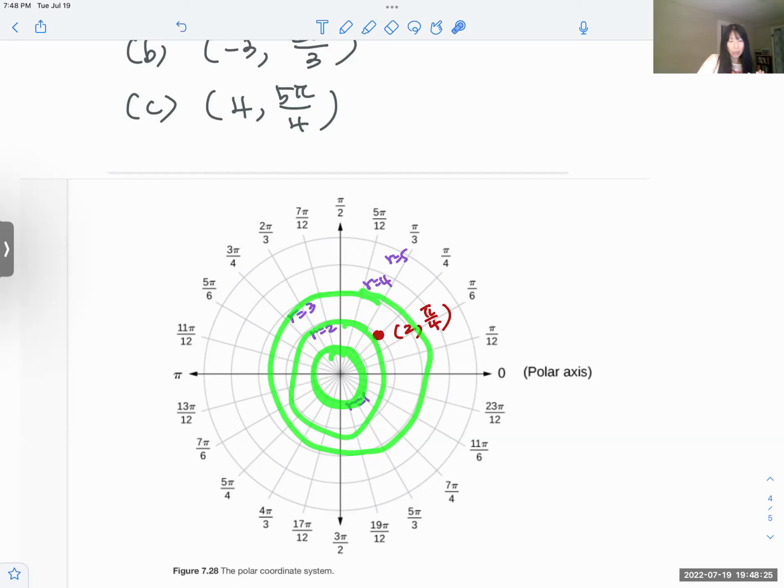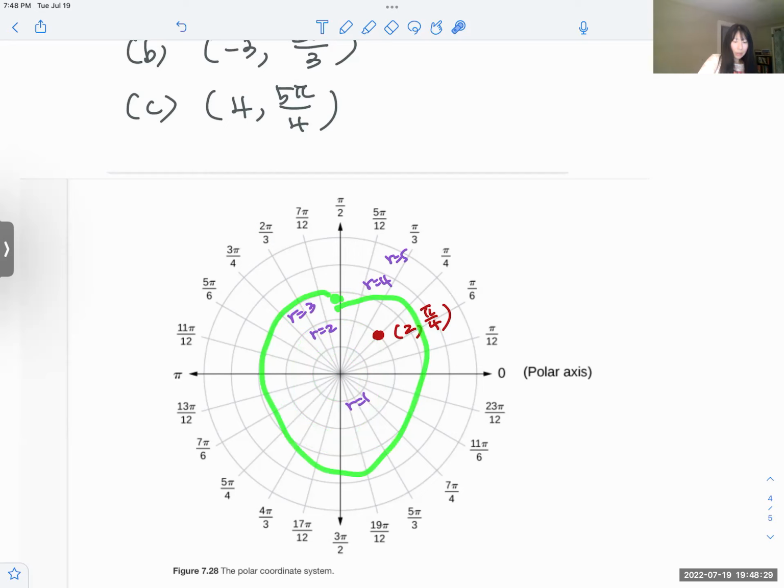Okay, watch. I say that this is 3, so (3, 2 pi over 3) is here. This is not the answer, I just give it to you as reference, how we plot the point (3, 2 pi over 3).